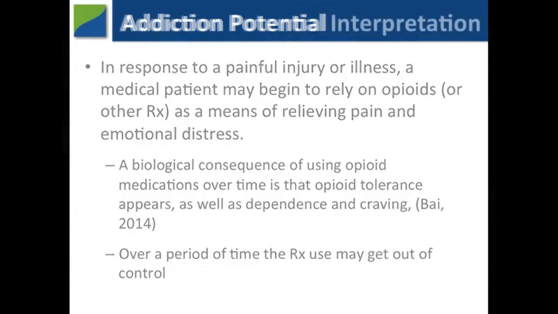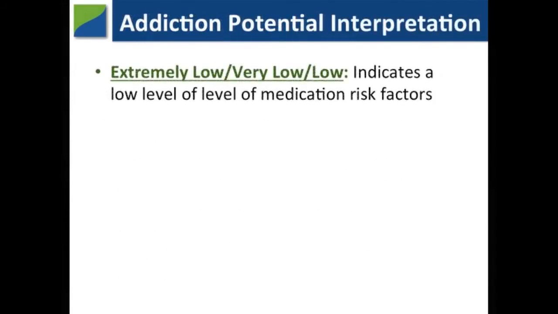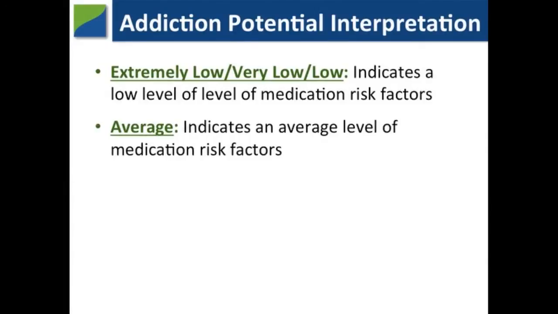Interpreting addiction potential. A low score indicates a low level of medication risk factors, and an average score indicates an average level of medication risk factors. So average is not 0, and perhaps this could be reduced somewhat, but still it's in the average range, what a typical patient may exhibit. Many patients may have some desire for opioids just because of the nature of that medication.